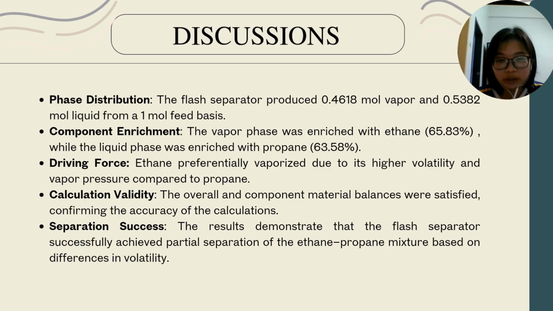The overall and component material balances were satisfied, confirming the accuracy of the calculation. Lastly, the result demonstrates that the flash separator successfully achieved partial separation of the ethane-propane mixture based on differences in volatility.